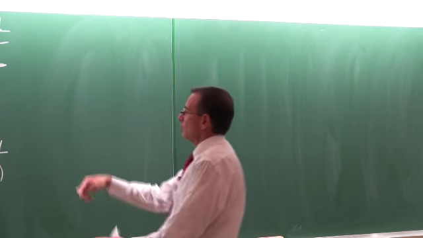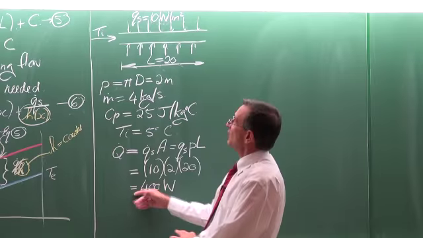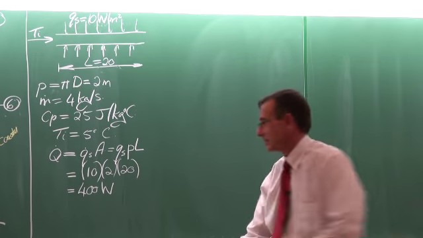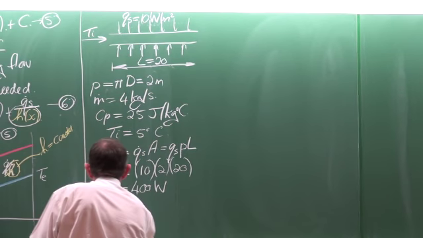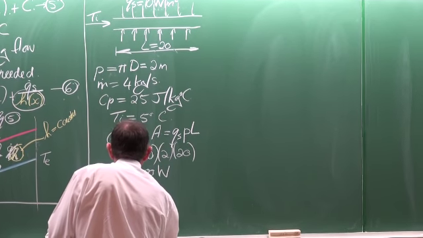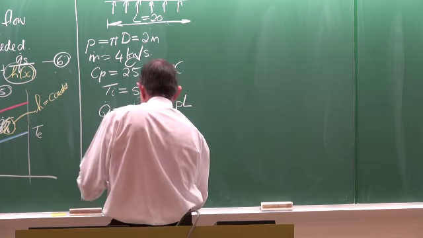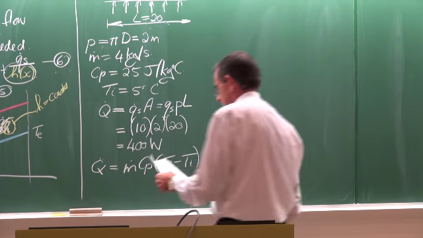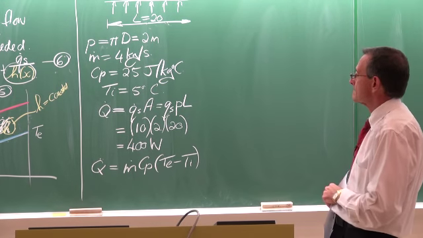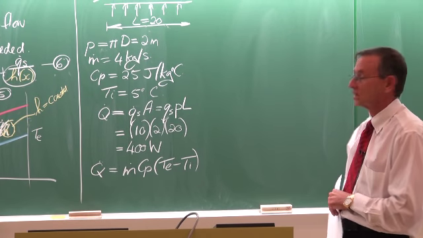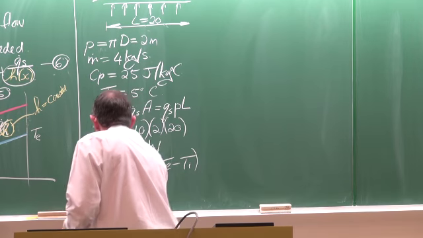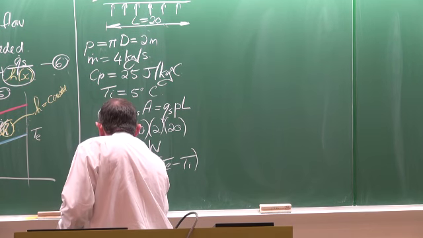Right. Now, if we have the heat transfer rate and we have the inlet temperature, it's elementary to calculate the outlet temperature. So the heat transfer rate is equal to the mass flow rate multiplied by Cp multiplied by the outlet temperature minus the inlet temperature. The heat transfer rate is equal to 400 watts.